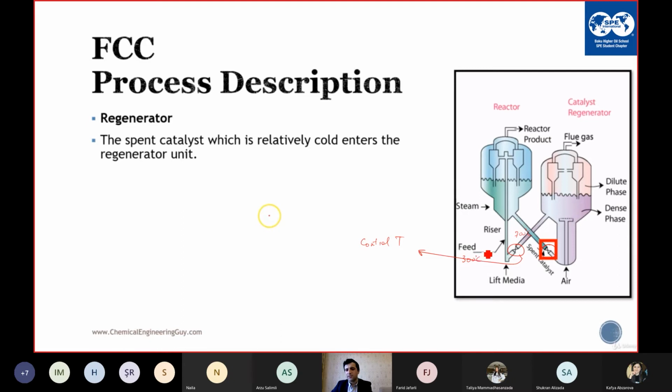So we heat the feed with the catalyst. If, let's say, we see that the temperature is below 500 degrees Celsius, we have to increase it. Then we open this control valve a bit more, allowing more catalyst coming into the reactor. Thus, we can control the temperature.